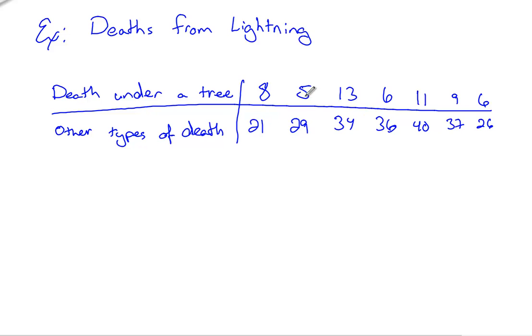So I have my x variables and my y variables, and think of this like we are plotting points. This is your x value, this is your y value. And remember, plotting points on a graph, you do x comma y.